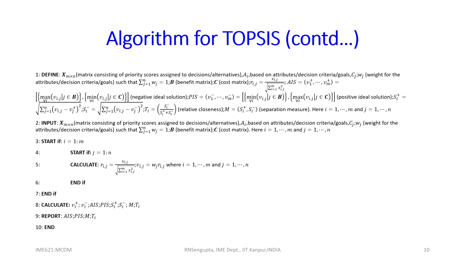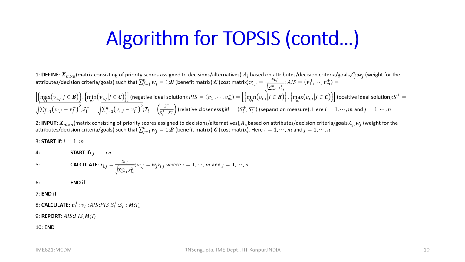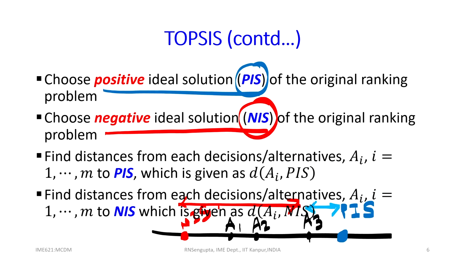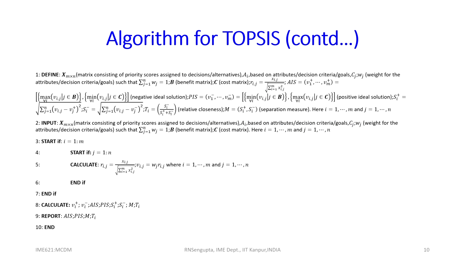The benefit matrix is what is coming as positive, and the cost matrix is what is coming as negative. If I consider technically the benefit matrix, it is basically adding up and giving you the PIS point, the positive ideal solution, and similarly the cost gives me the negative ideal solution.